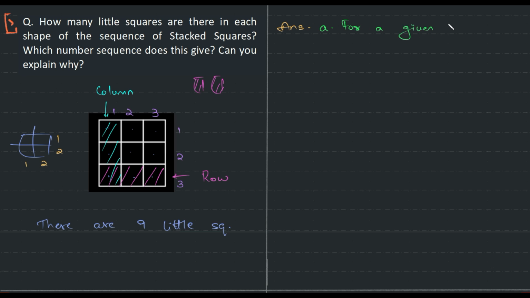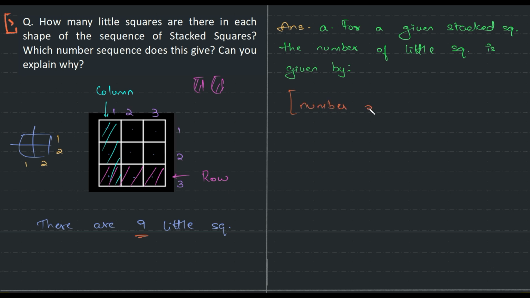For a given stacked square, the number of little squares is given by, what does it depend on? How did I get 9? I multiplied the number of squares along a row and the number of squares along a column. We just have to write that, that's it.